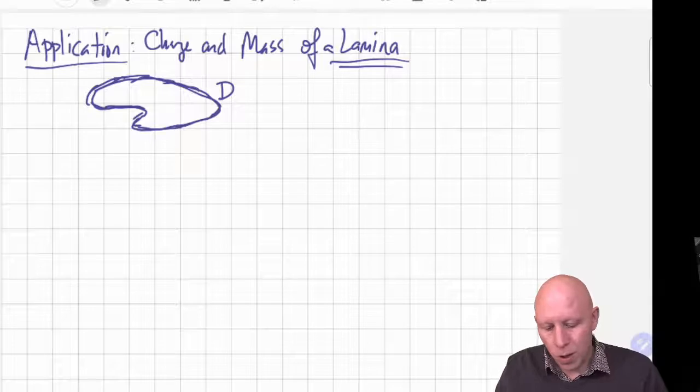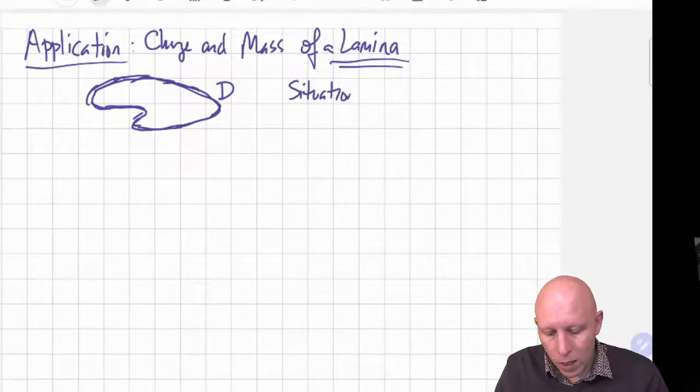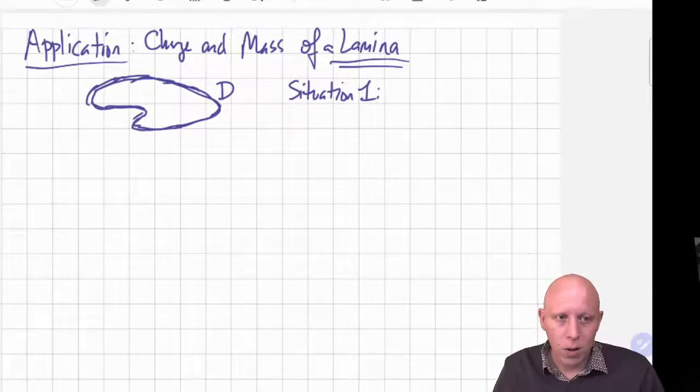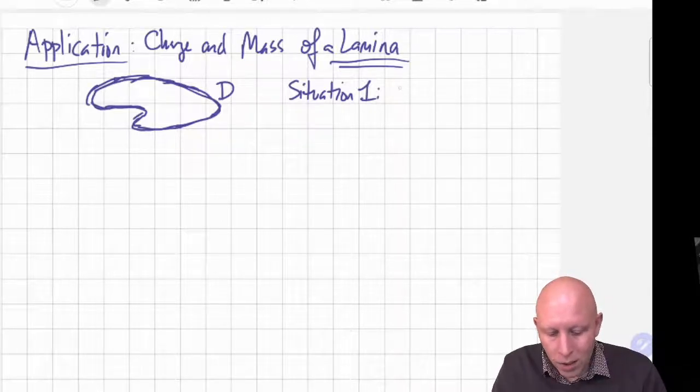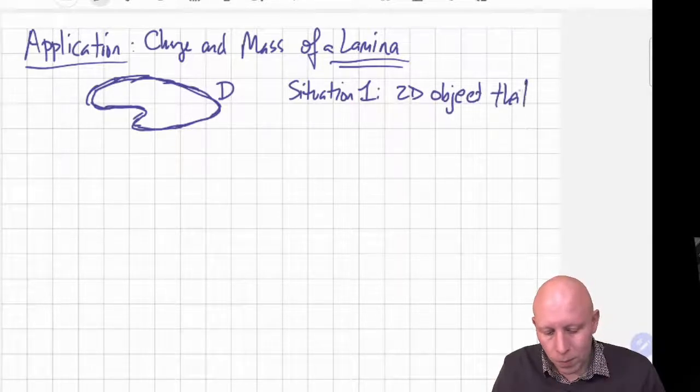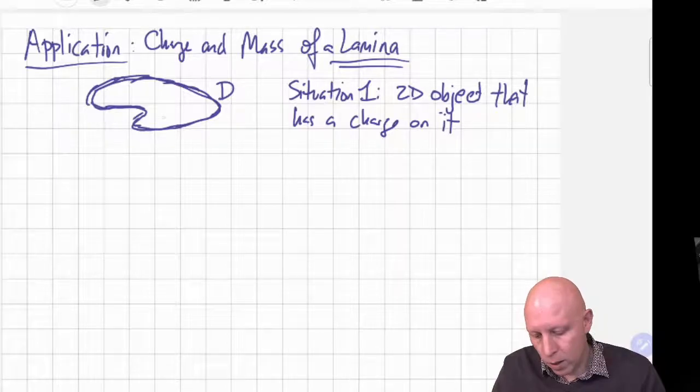And so situation one is that we have a two-dimensional object, a lamina, that has a charge on it. Maybe we've got some different things happening in different places.